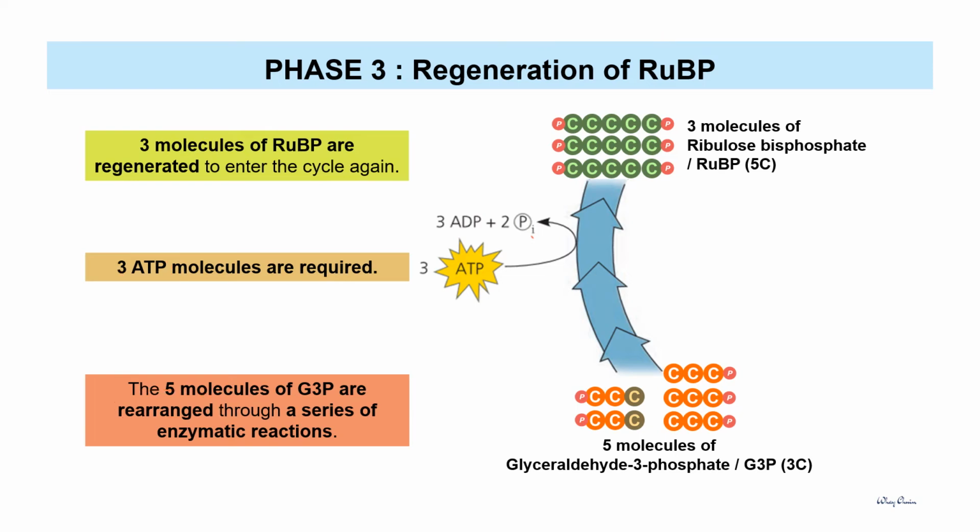The reason why 3 ATP molecules are used to form 3 molecules of adenosine diphosphate, with the removal of 2 inorganic phosphate groups, is because the population of the 5 molecules of G3P consists of 15 carbon atoms and 5 inorganic phosphate groups.